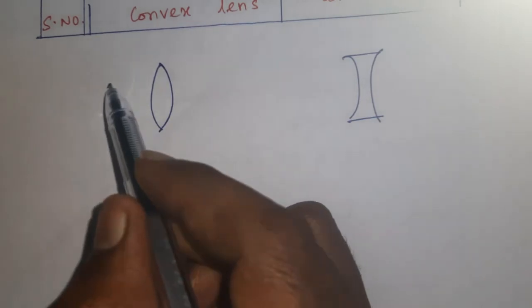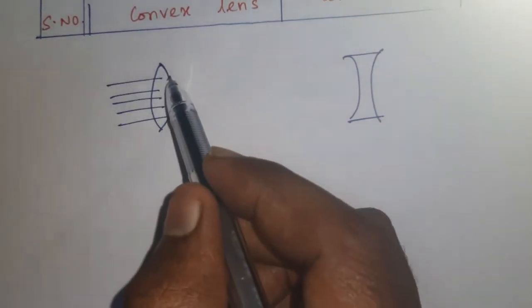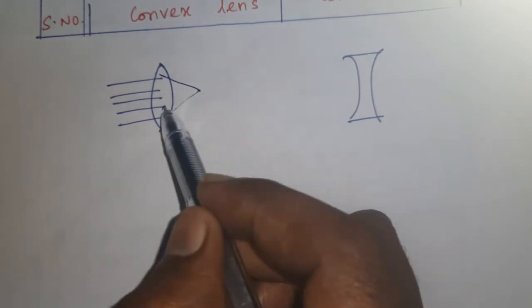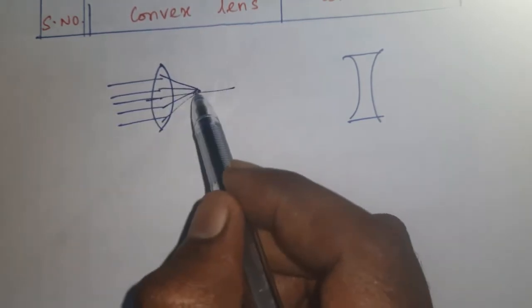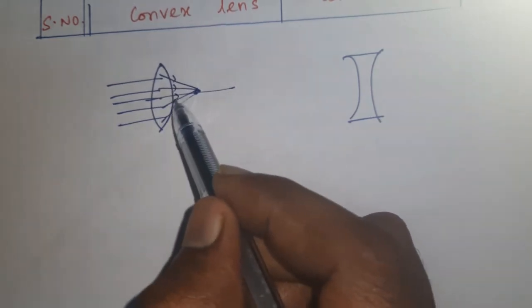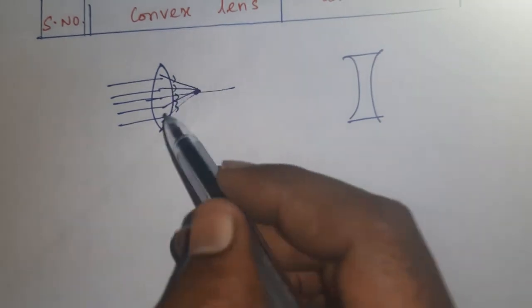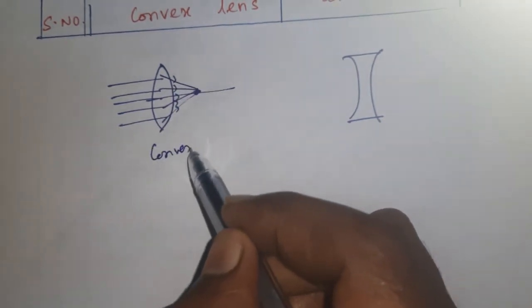Second difference: when a parallel beam of light is incident on the convex lens, after refraction all the rays will meet at a point. So the convex lens is used to converge the incident light beam, hence it is known as a converging lens.